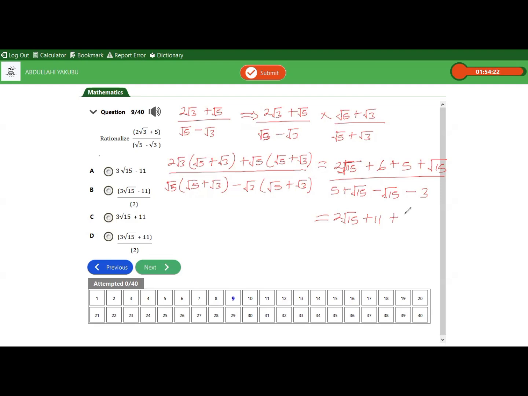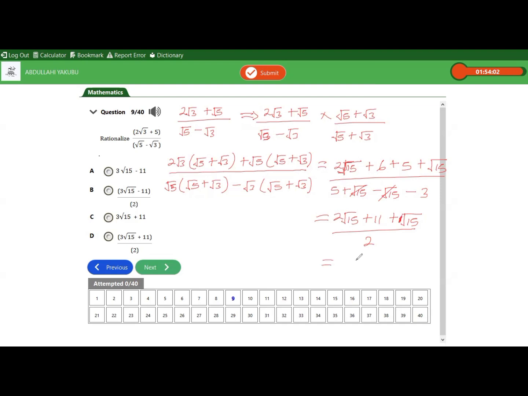Plus root 15 all over this root 15. Positive root 15 cancels negative root 15. I have 5 minus 3 gives us what? 2. This is 2 root 15. This is like 1 root 15. Yes, 1 root 15. So 2 plus 1 gives us 3.